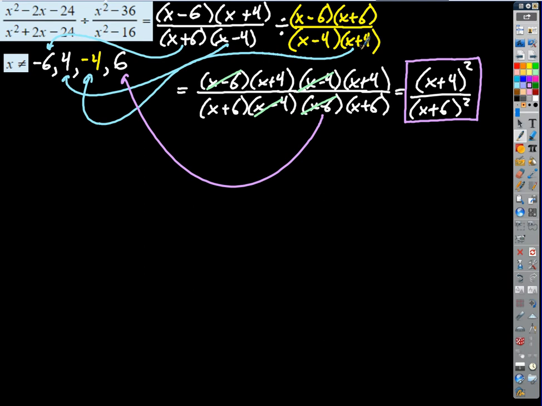And then it's going to be in the denominator. So the point is, before I flip, whatever's in the denominator could contribute some values that have to be excluded before I flip and after I flip.